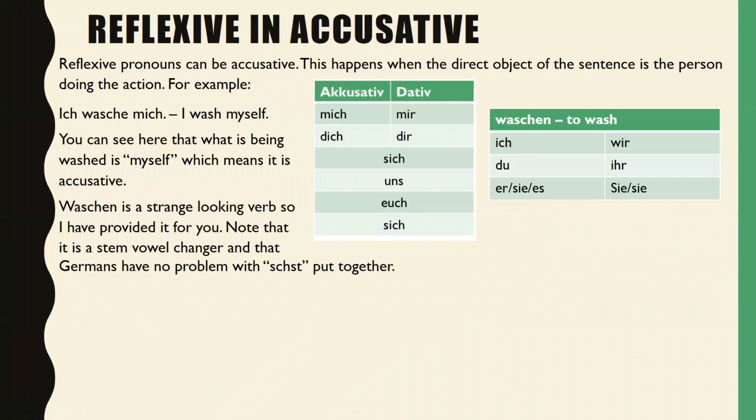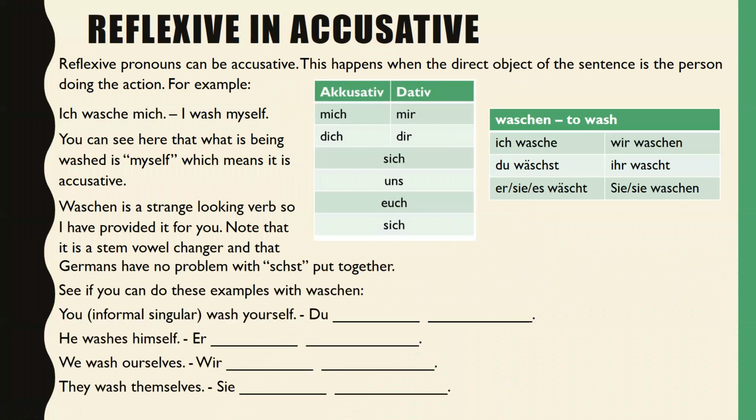Waschen is a strange-looking verb, so I have provided it for you. Note that it is a stem vowel changer, and that Germans have no problem with putting SCH-ST together. The verb is ich wasche, du wäschst, sie es wäscht, wir waschen, ihr wascht, sie und sie waschen. See if you can do these examples below with waschen.